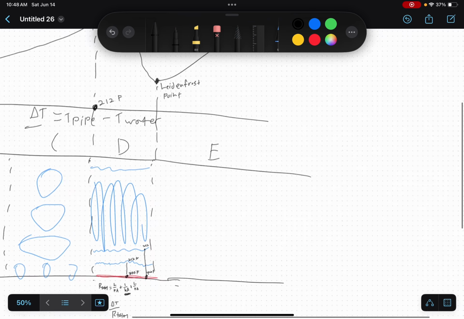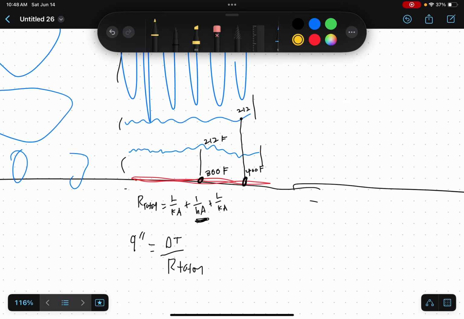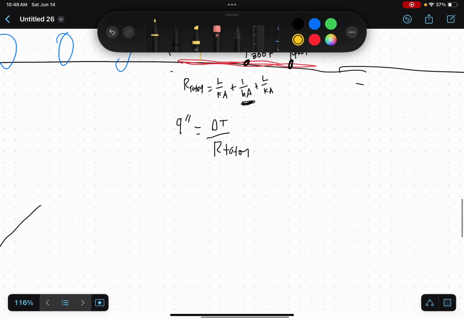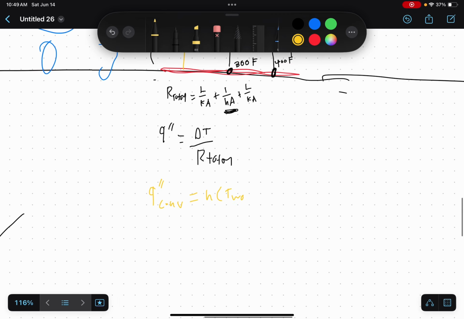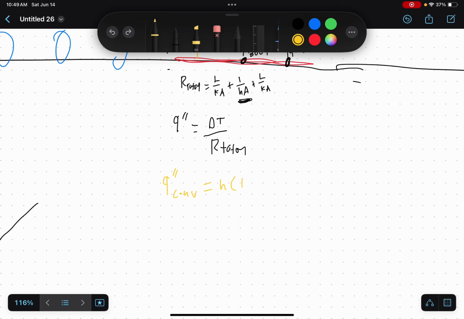All right. Now, for point E. I'm going to draw this arrow, and in yellow, I'm going to say Q convection equals h times delta T, T-wall minus T-pipe.